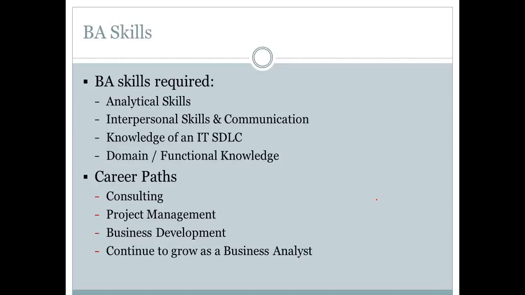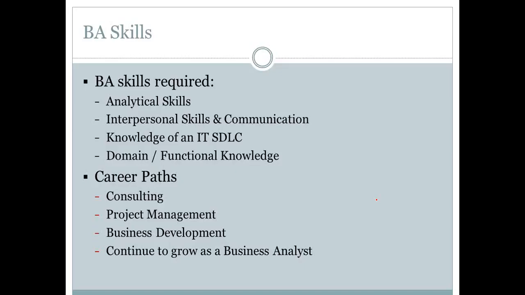Or if you feel comfortable in this role, you can grow in this role as well. You could manage a team of business analysts under yourself, and manage it as a practice. So those are the four broader career paths you can move on to from a business analyst role.